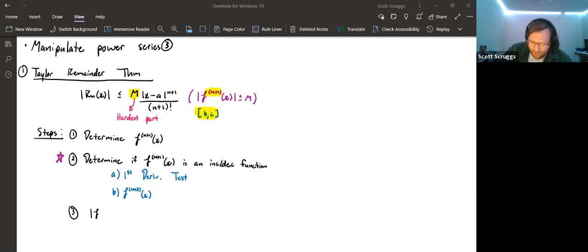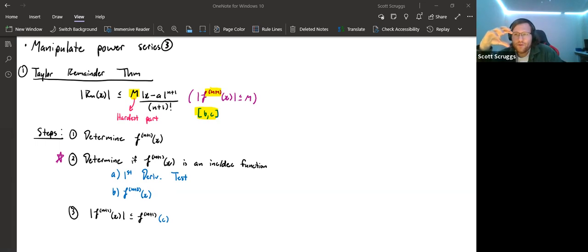So if I get that my function is an increasing function, then what's going to happen is my values will not get larger than if I plug in the right endpoint for that n plus 1 derivative. Why is that?